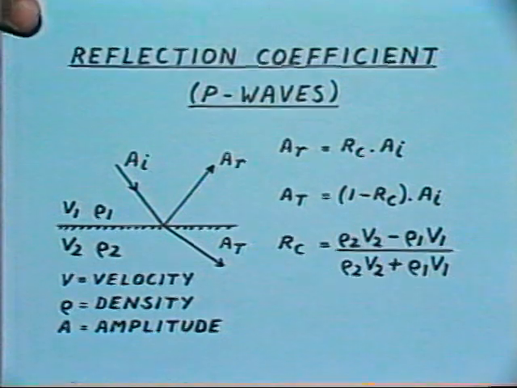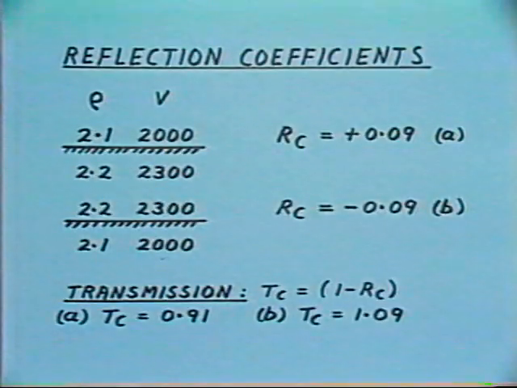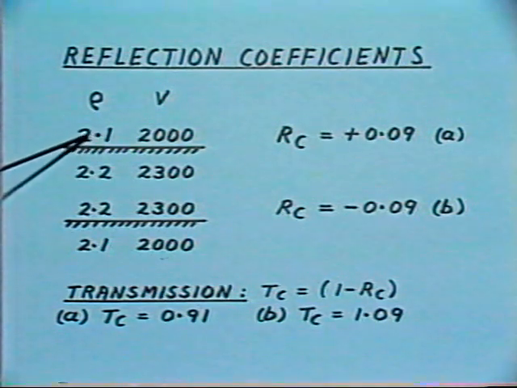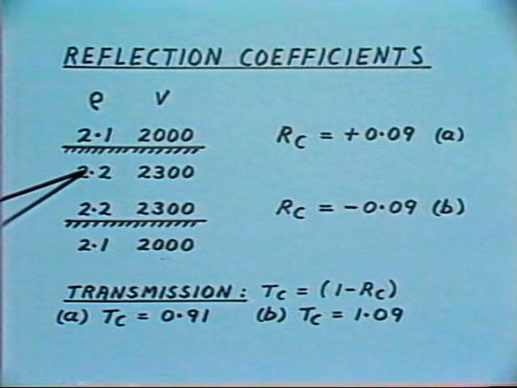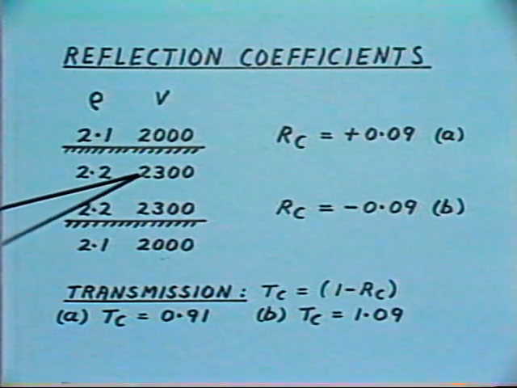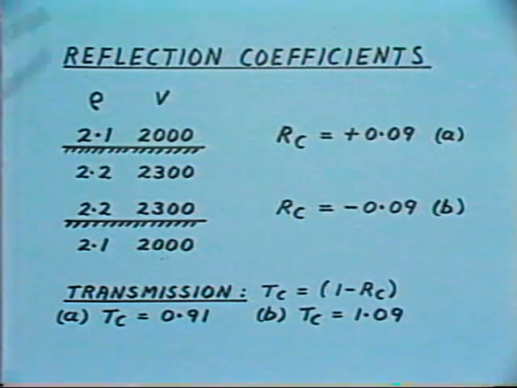Now, if we look at a particular example of reflection coefficients, a numerical example, let's suppose we had an interface separating rocks with densities of 2.1 and 2.2 grams per cubic centimeter and velocities of 2,000 and 2,300 meters per second, let's say.